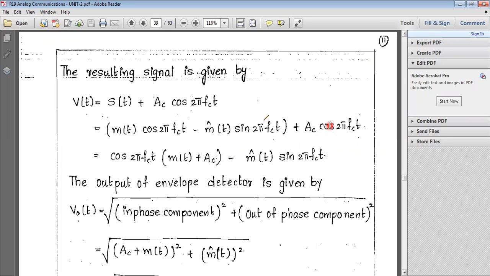Now if you take cos 2 pi fct common from the first term and this term, then we get m of t plus Ac. That is, you write the in-phase components at one place and the out-of-phase component at another place. So the signal becomes cos 2 pi fct into m of t plus Ac, minus m cap of t sin 2 pi fct.